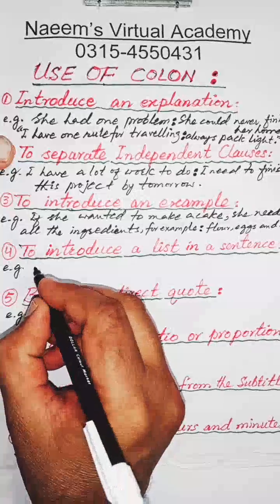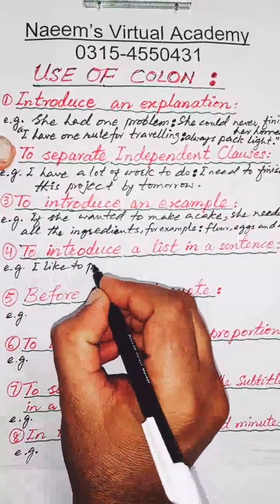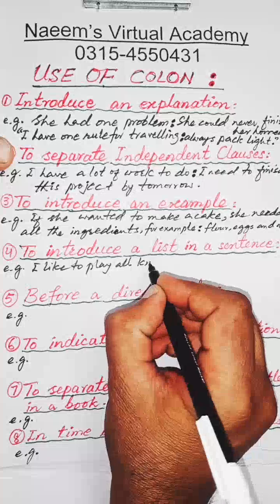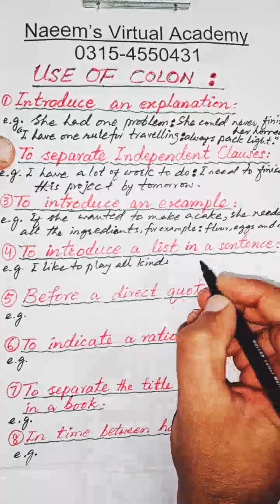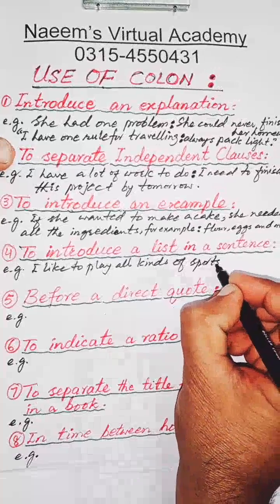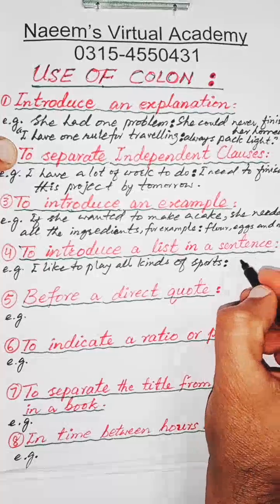How? For example, I like to play all kinds of sports. Now I'll be placing colon. Which sports I like to play?